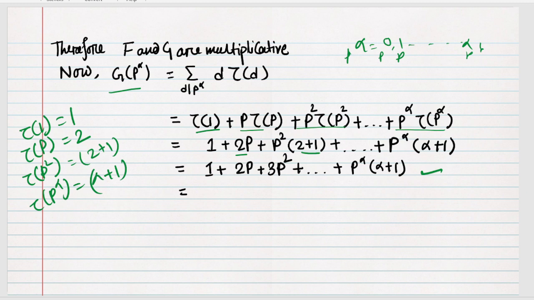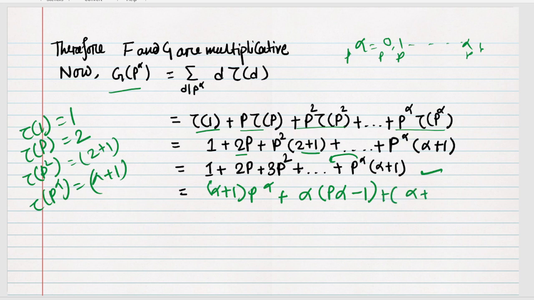If we rewrite this in the opposite form, we get alpha plus 1 times p raised to the power alpha, plus alpha times p raised to the power alpha minus 1, and so on.